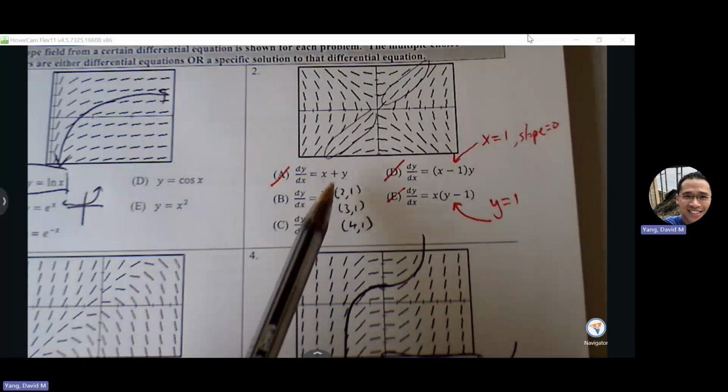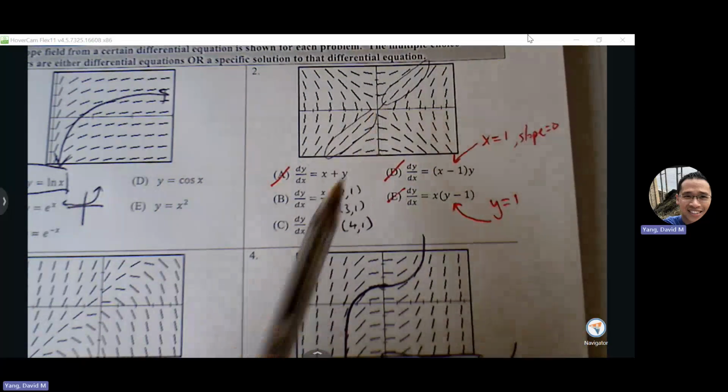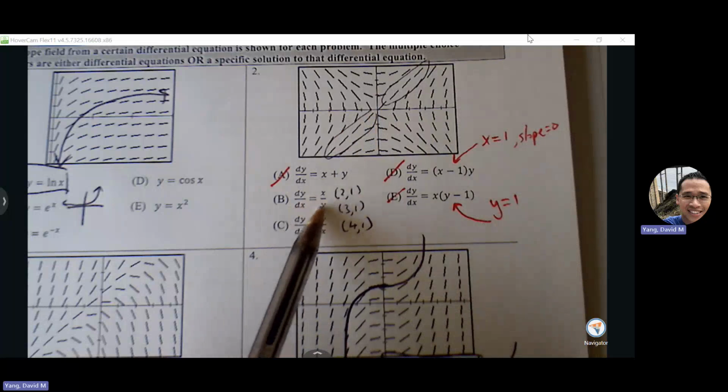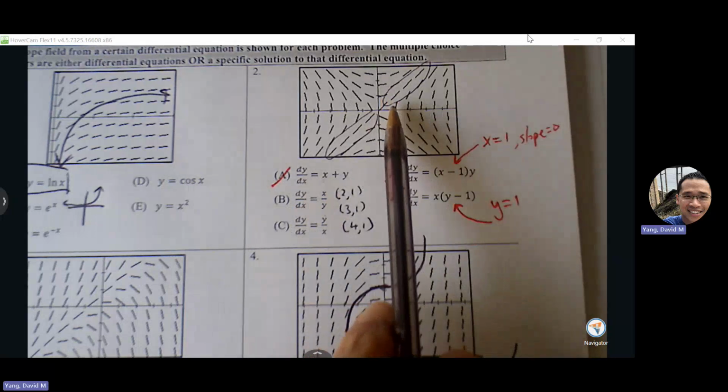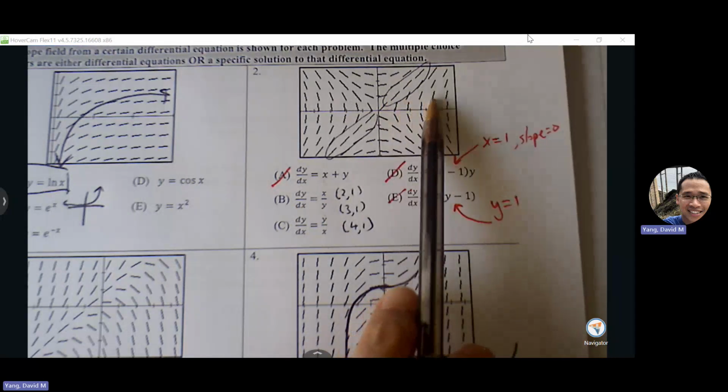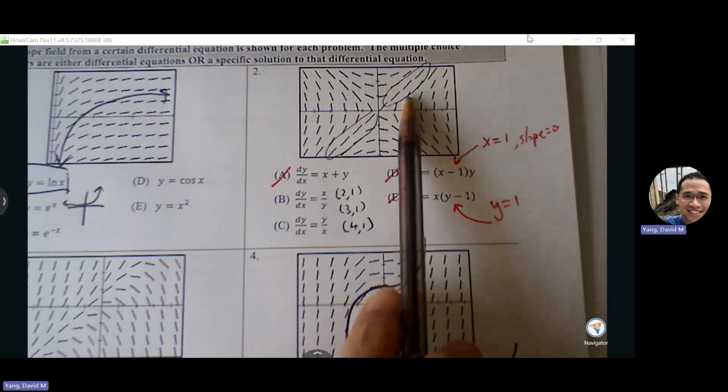What should be happening then? If I do 2, 1, 3, 1, 4, 1 for this, my slope should be getting steeper, right? And I kind of see that happening here. 2, 1, 3, 1, 4, 1, 5, 1. It's all becoming steeper.